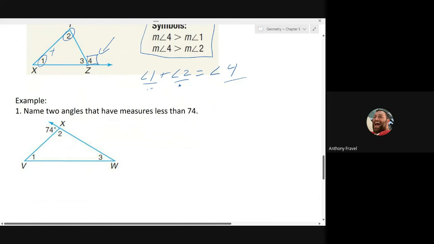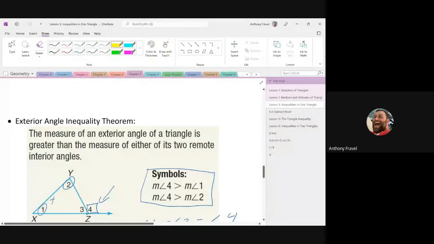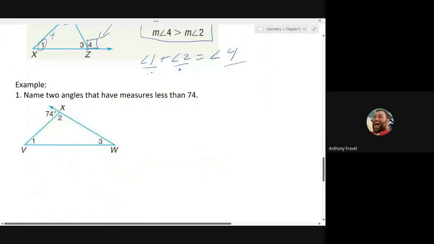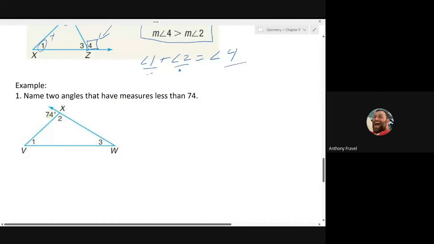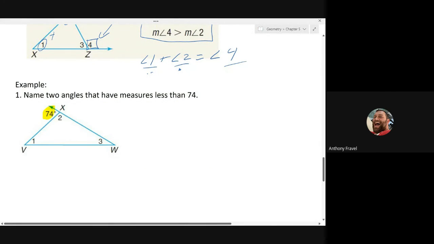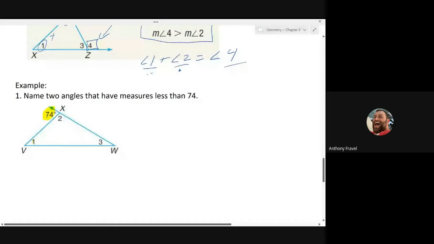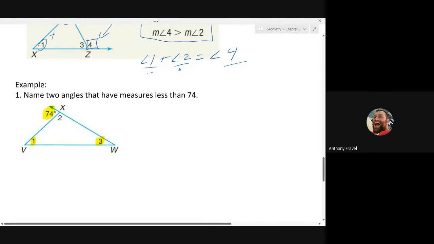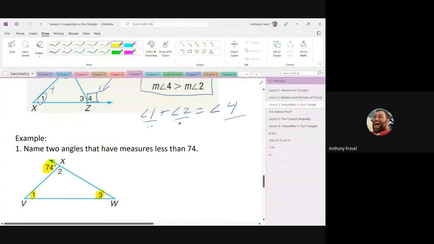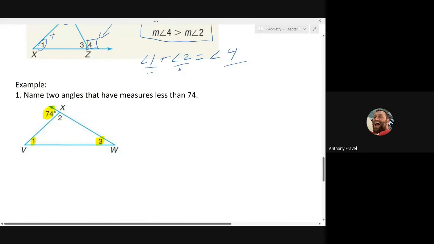So in this first example, where it says name two angles that have measures less than 74, my exterior angle is going to equal 74. Angles 1 and 3 added together are going to equal 74 degrees.